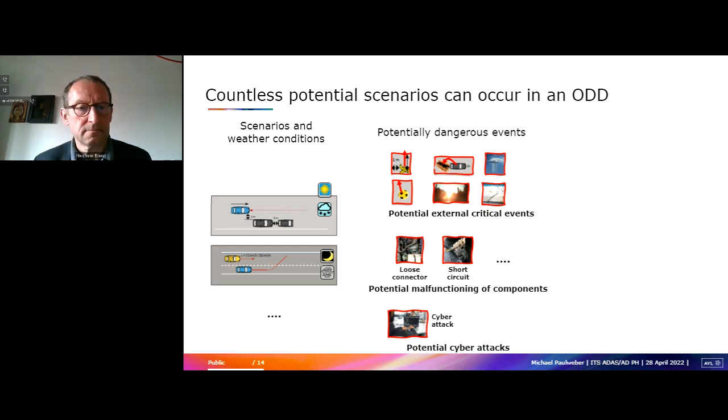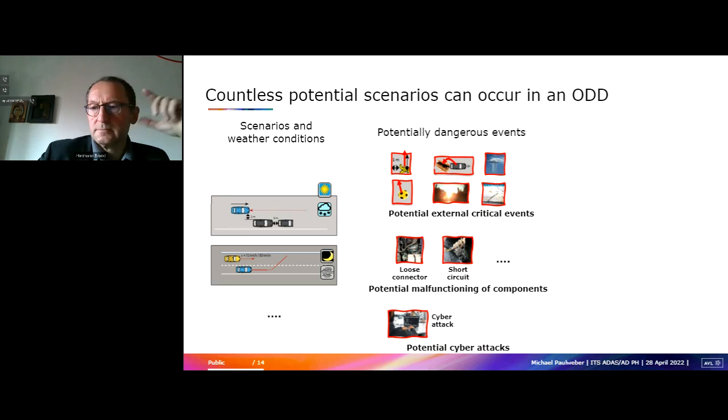You can even extend it by adding, for example, malicious attacks, cyber attacks, or that somebody wants to prick your sensors. Or you can also add information from the functional safety, that you have a loose connector, you have a short circuit, you have the battery going low, and so on.